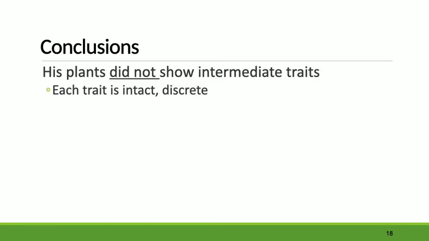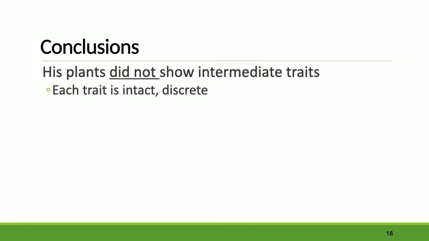All right, welcome back. The conclusion that he came to is that his plants definitely did not show any kind of blending, the way that people talk about blood blending as if it's like paint. You know, you have yellow and blue and then you mix it together and you get something green.